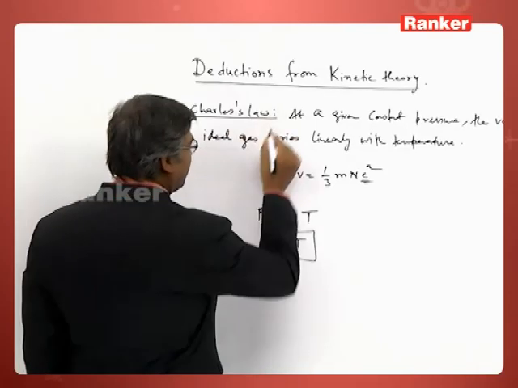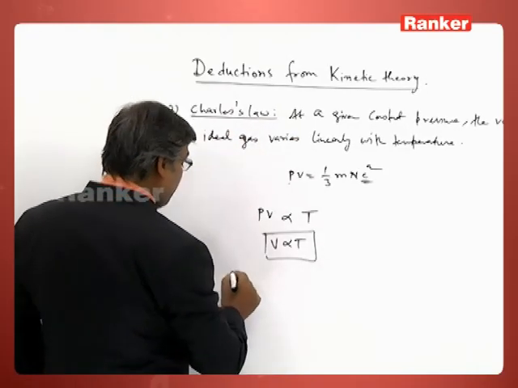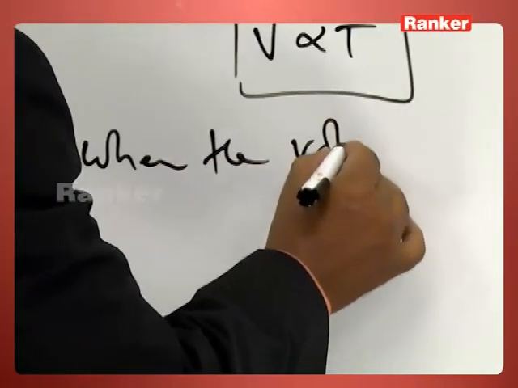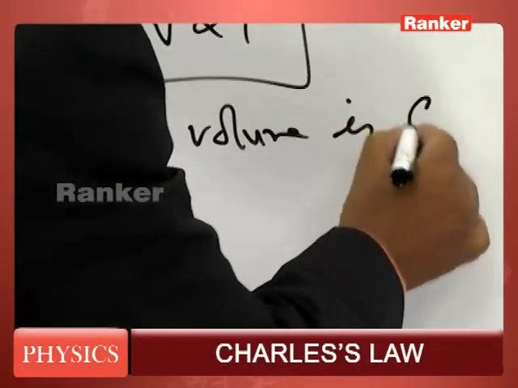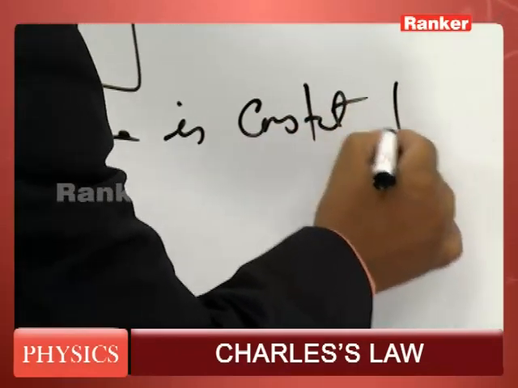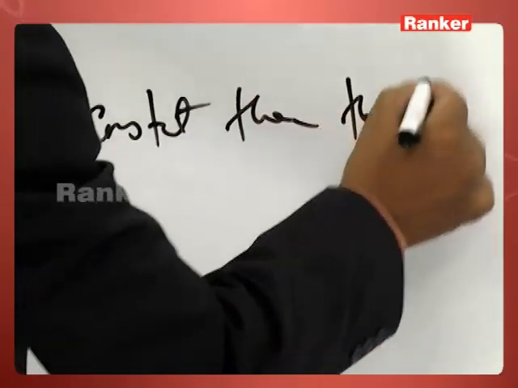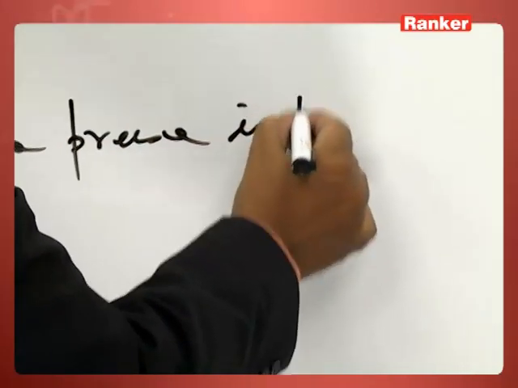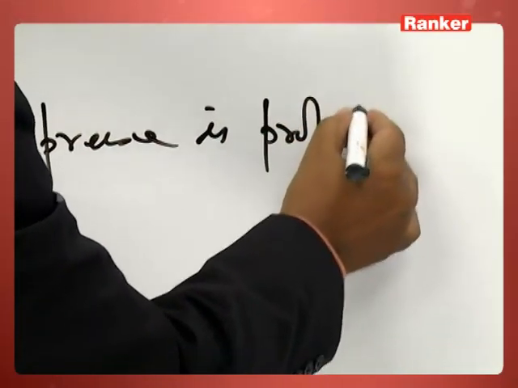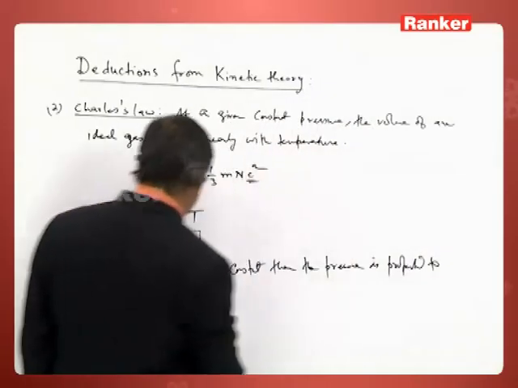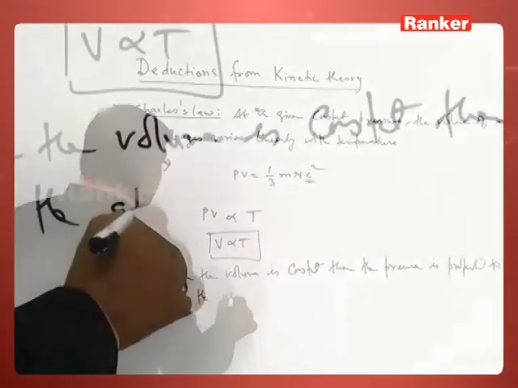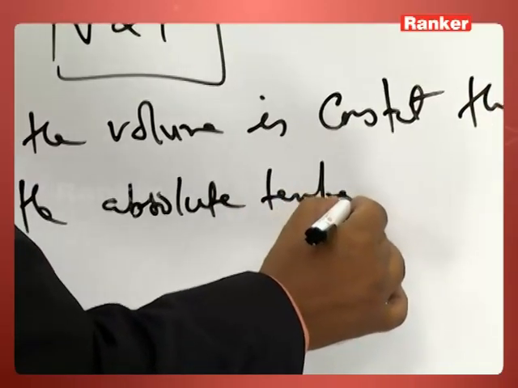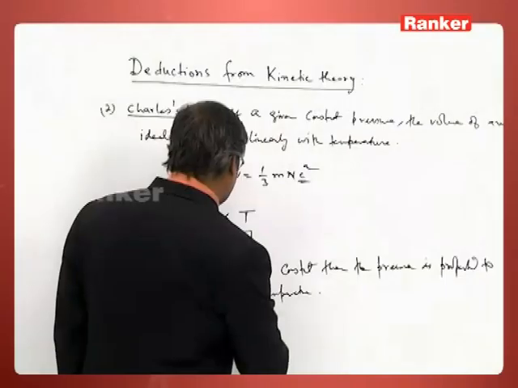Similarly, another version of Charles' law we can say: when the volume is constant, then the pressure is proportional to the absolute temperature. Temperature is absolute temperature, that is in Kelvin scale.